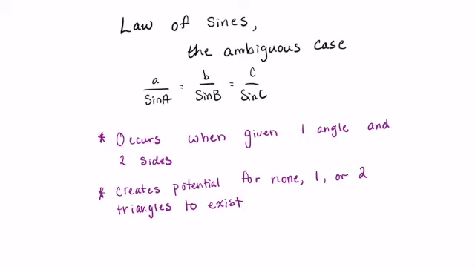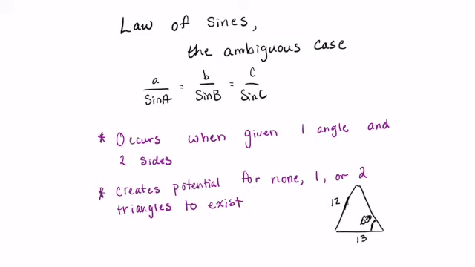The reason that the ambiguous case is there is because whenever we have a triangle, and I'm never the best at drawing it, so I'm just going to explain it. We have a triangle that may have a length, and then we have a specific angle, say 63 degrees.